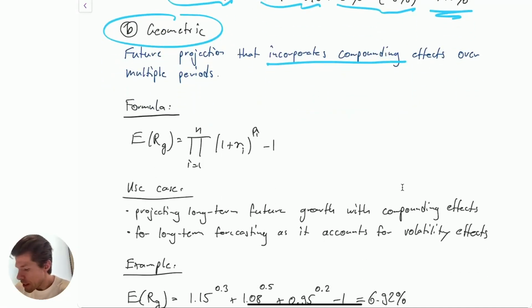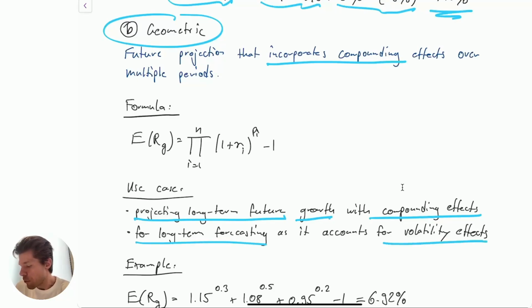Use cases, as mentioned before, long-term future growth with compounding, especially when we look at time periods 1, 2, 3, 4, and not at different scenarios. And again, long-term, it accounts for volatility. The more volatile it is, the more your compounded annual growth rate will basically be reduced.